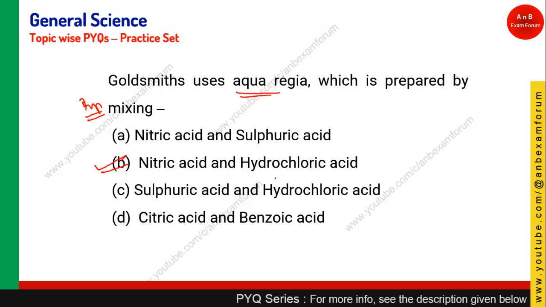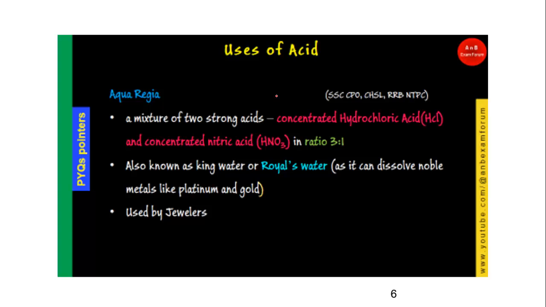If you are taking 1 part of nitric acid, 3 parts of HCl will be used to make aqua regia. We have seen all such pointers in our theory classes, where we discussed that aqua regia is the mixture of two strong acids, hydrochloric acid and nitric acid, in the ratio 3:1. Don't confuse, it is 3 parts of HCl and 1 part of nitric acid.